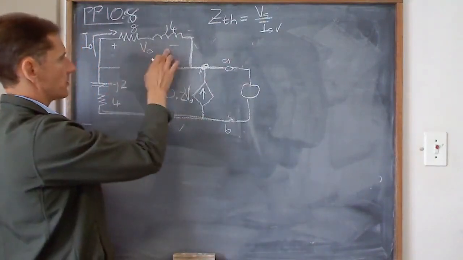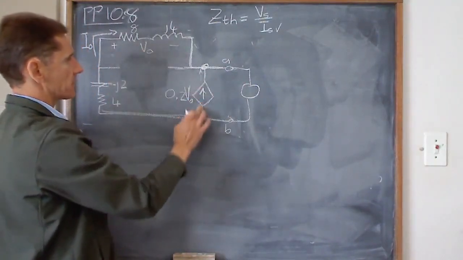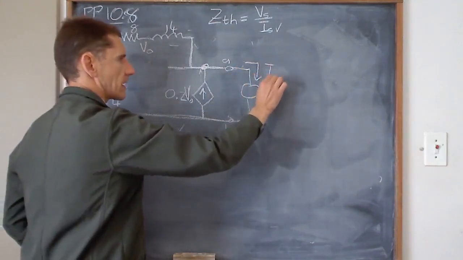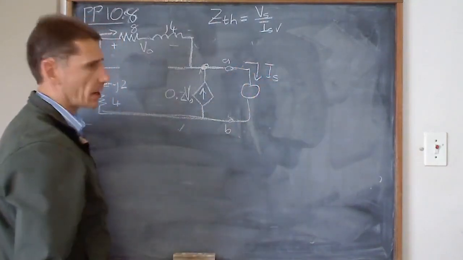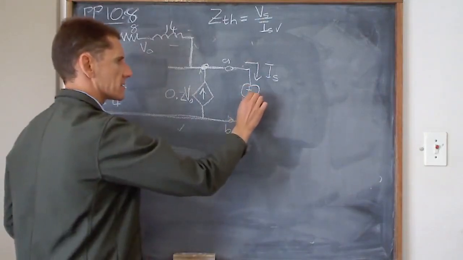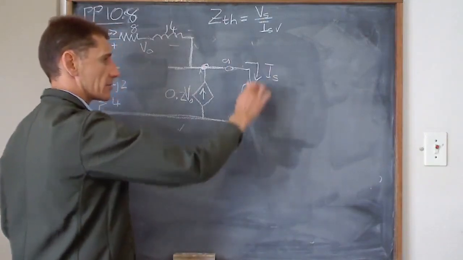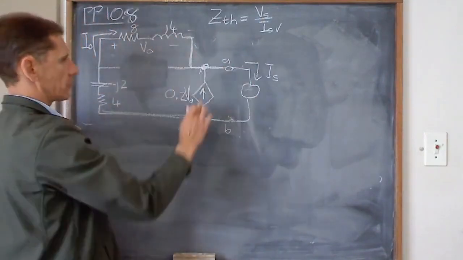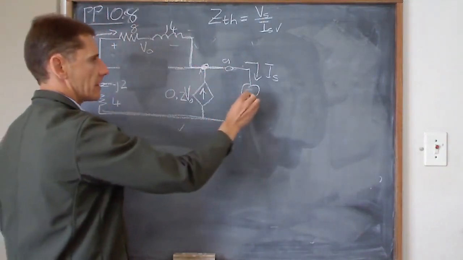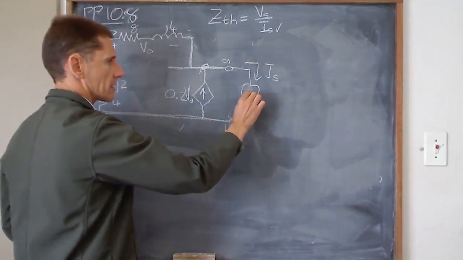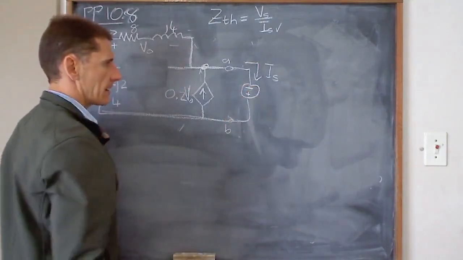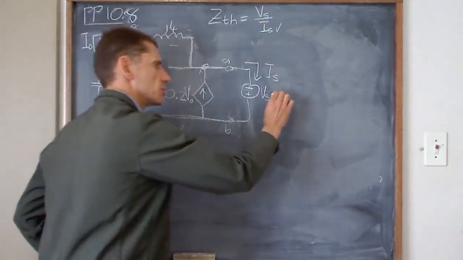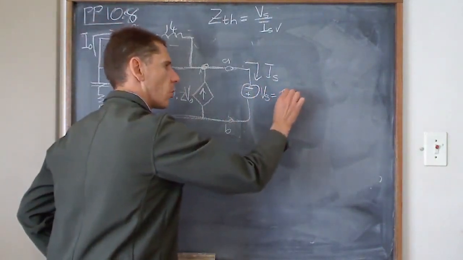So let's make our Is now in that direction, and we put a plus. No. If the current is going to come down like this because of the I out and this current, then you need a plus minus in that direction. This is now going to be your Vs, and we're going to choose this now to be 1 volt.